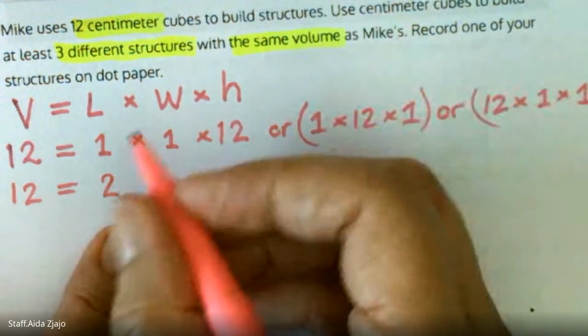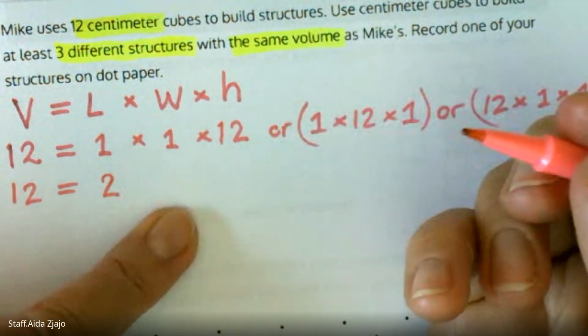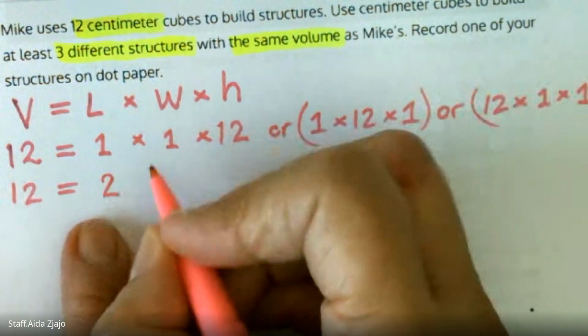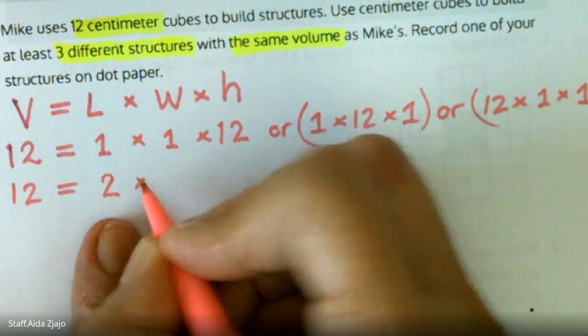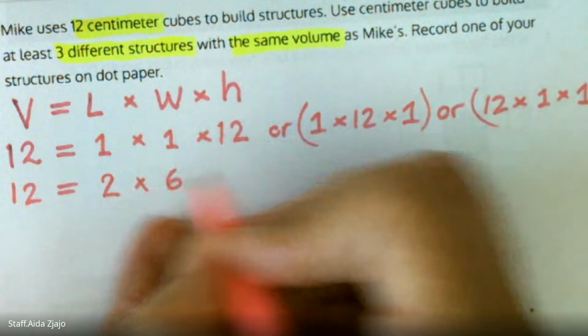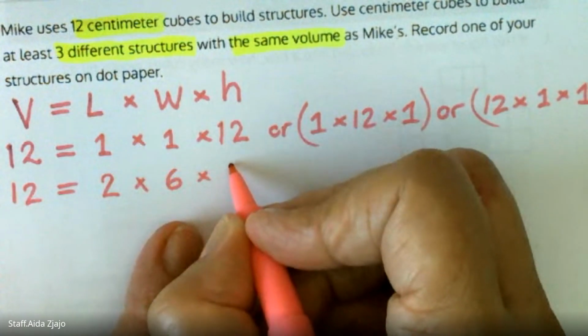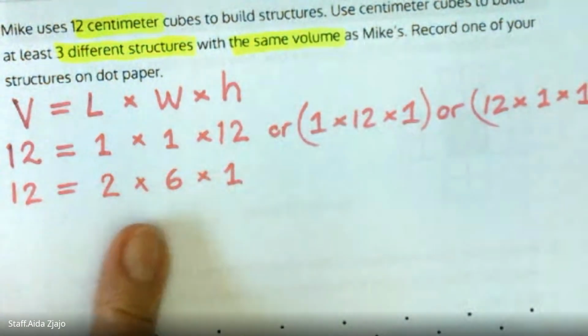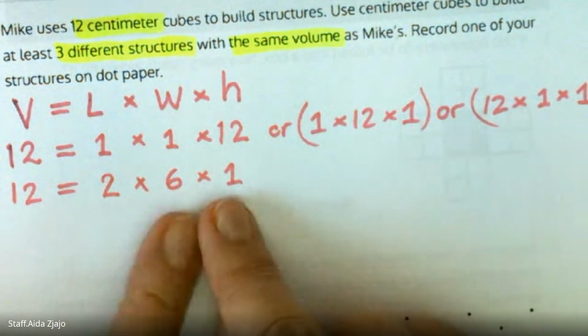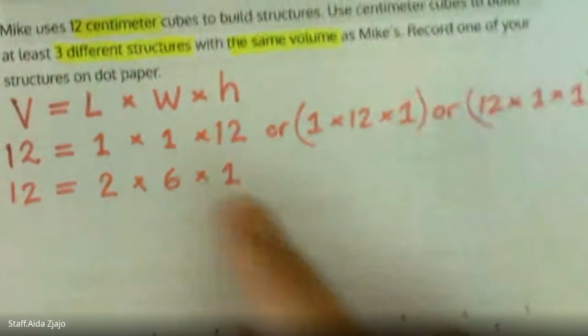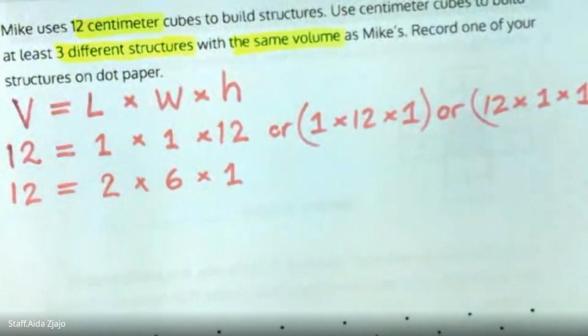So I could have 2 times 6 times 1. The length could be 2, the width could be 6, and the height could be 1. So 2 by 6 by 1. And it's the same thing, these could be in a different position.